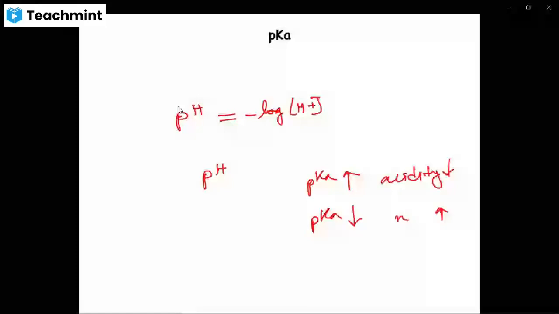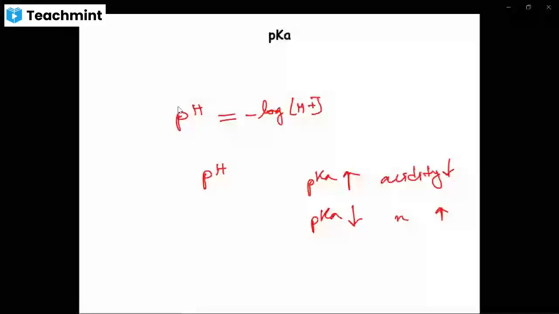You don't need to remember any derivation, especially for organic chemistry. For physical chemistry you have to derive the things, but for organic chemistry, if you just remember this relation between acidity and pK, that is enough. So pK higher means acidity lower, and pK lower means acidity higher.